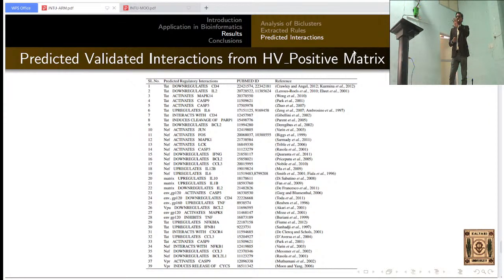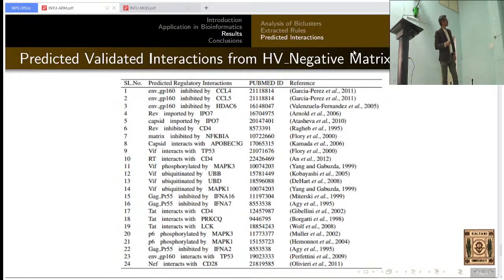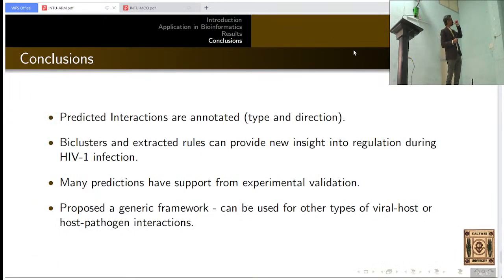That validation was not in the data set, but in some literature it is written that these interactions are experimentally validated. It is not possible for us to do it in wet labs, but this way, through a literature survey, we did some validation of the predicted interactions. Okay, so let us conclude now.